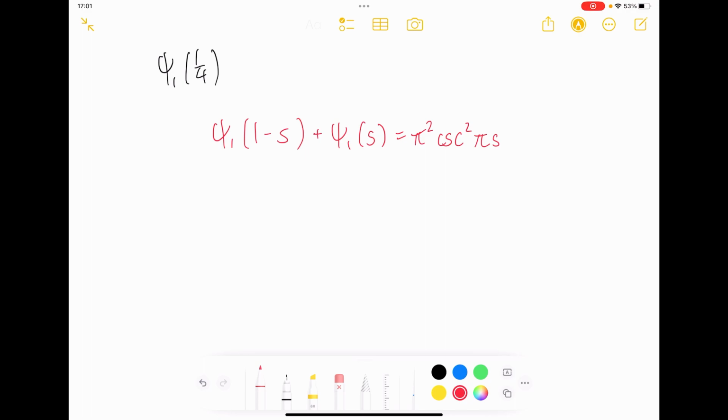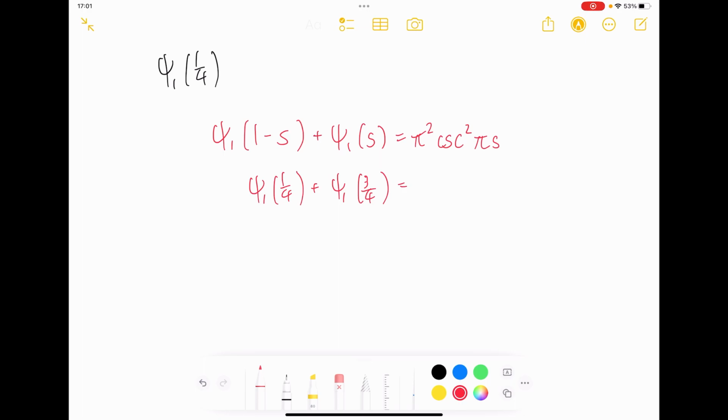So when we plug in a quarter, we're going to get a relationship between psi 1 of a quarter and psi 1 of 3/4. And when we plug in a quarter for s on the right, we're going to get cosecant squared of pi over 4. So sine of pi over 4 is root 2 on 2. Reciprocal, that's root 2.